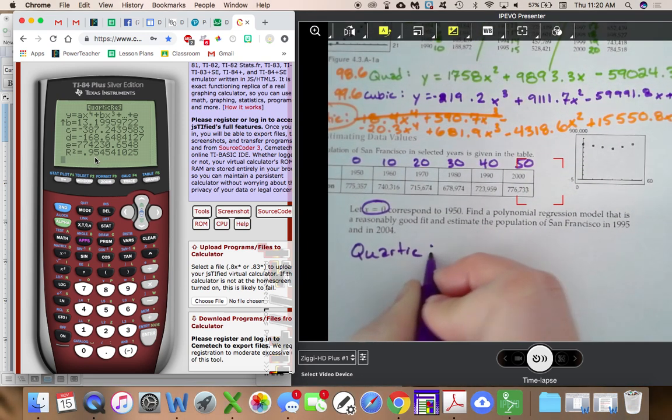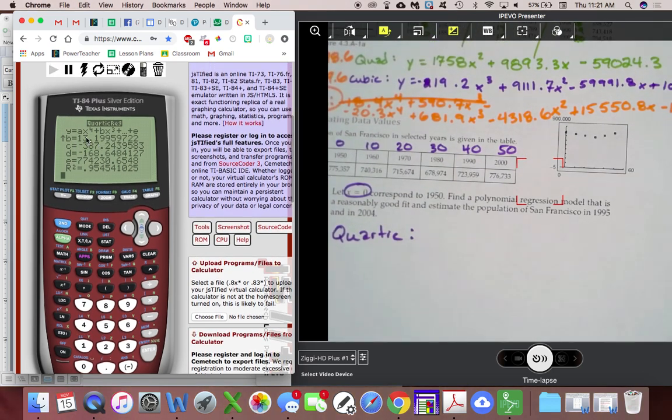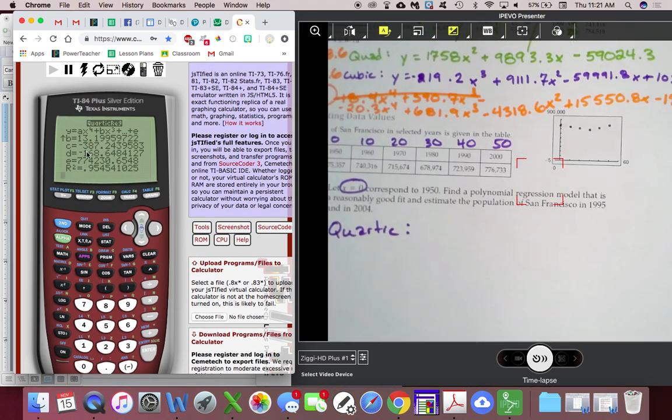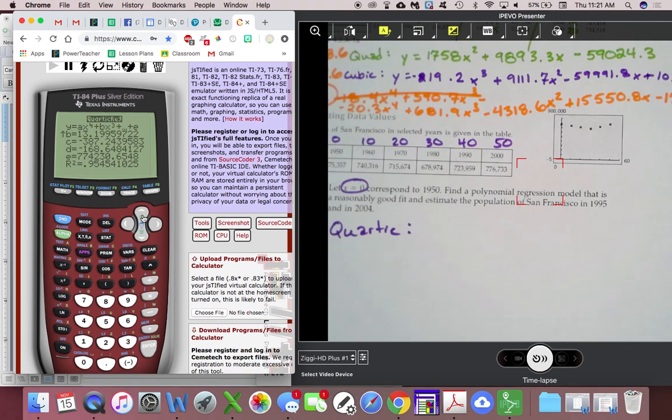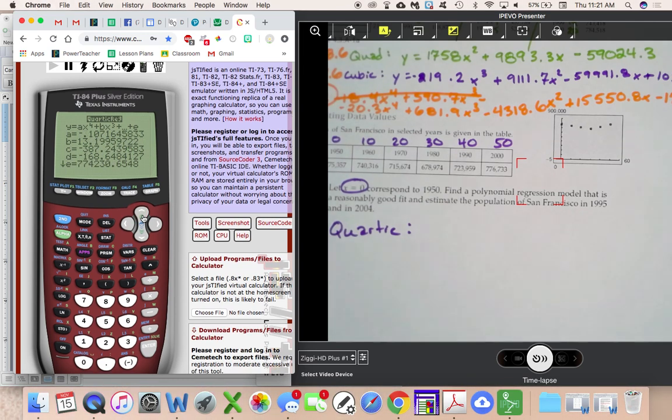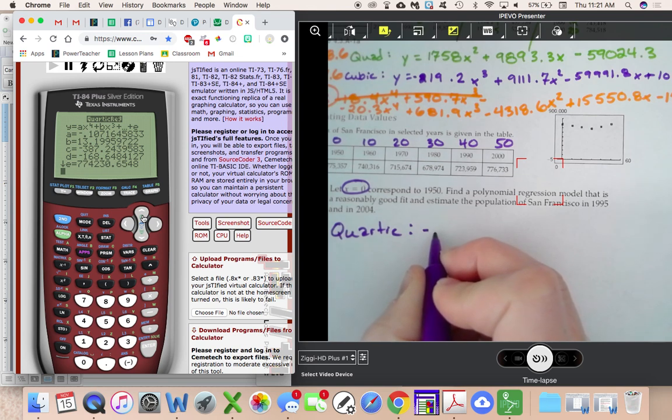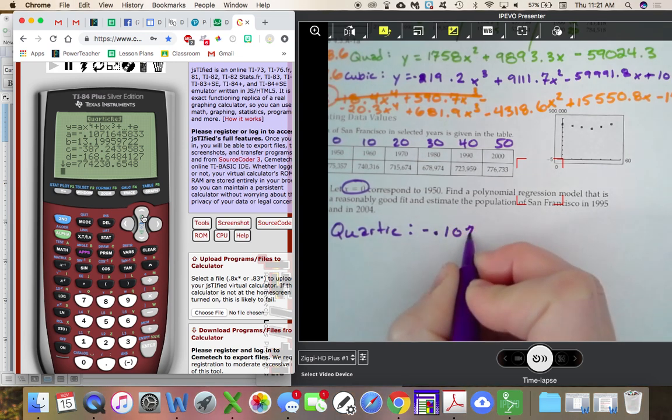Quartic regression. It tells me A is negative 0.107. We're going to go 3 decimals here.